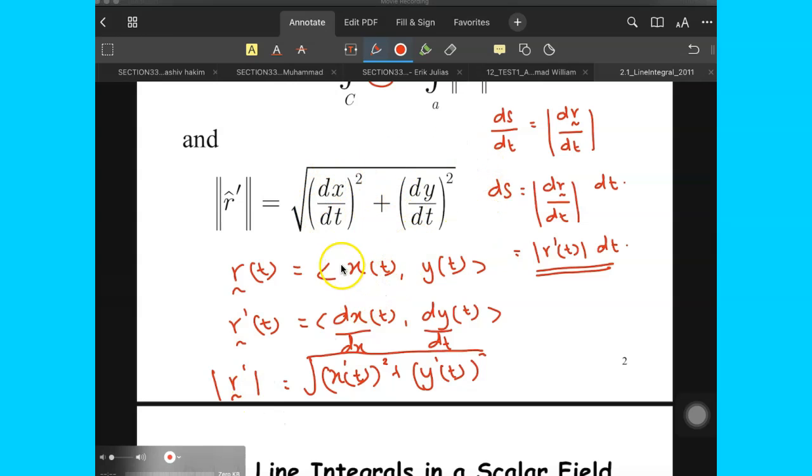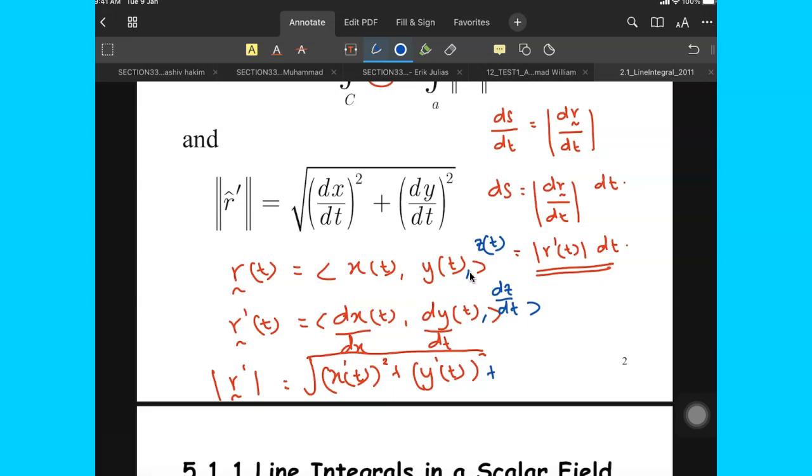Okay, so this one is for a 2D system where there is only x and y. But if you have a 3D system, you have to add the z in terms of t, which is dz over dt, and for finding the magnitude you have the z prime in terms of t squared.